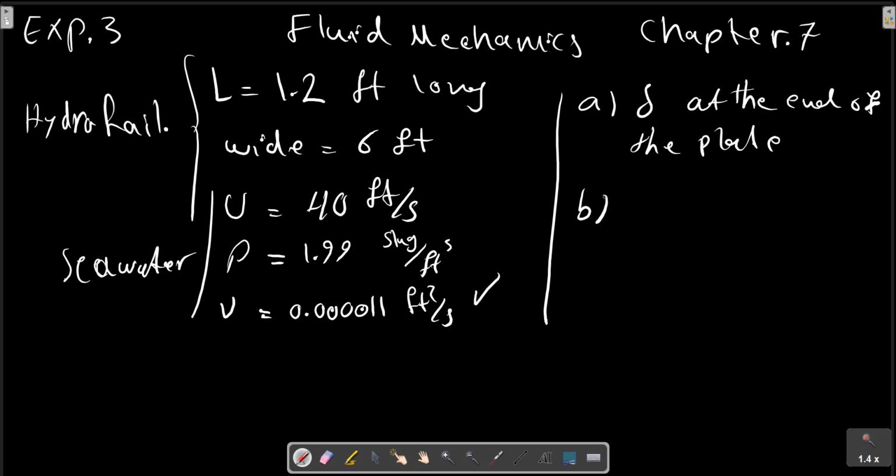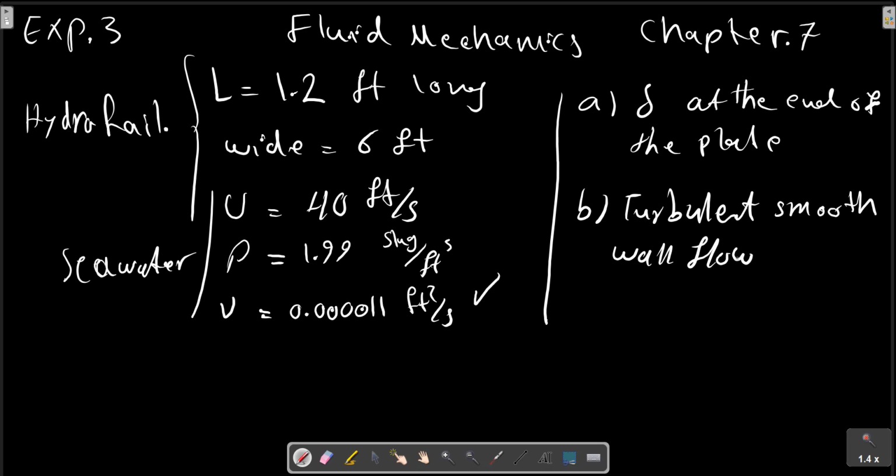B, turbulent smooth wall flow from the leading edge.